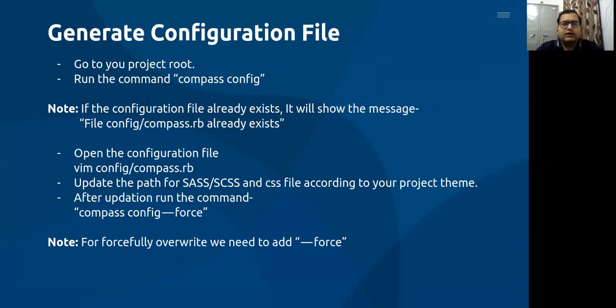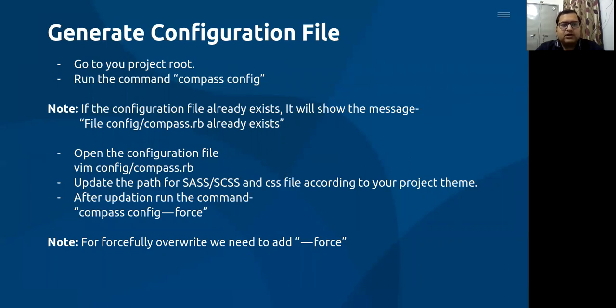Generate the configuration file. Here the configuration file is very important because all the paths related to your CSS files, your JS files, your SASS files, your SCSS files, we need to mention in this file. First of all, we need to check whether the file is available or not.